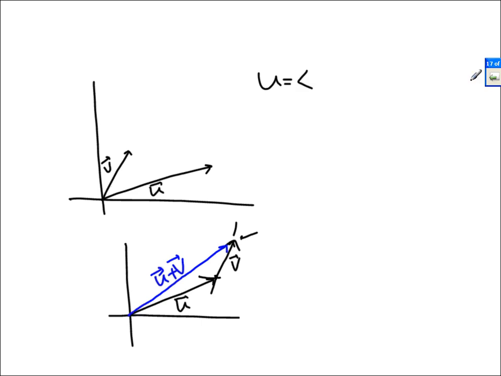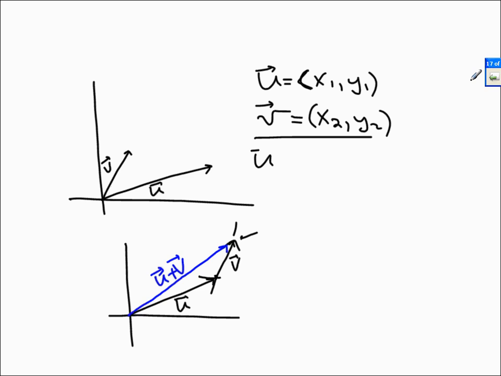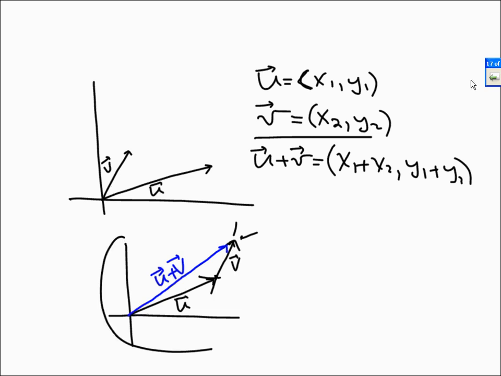If vector u is x1, y1, and vector v is x2, y2, well, then vector u plus vector v, first you add the x components, comma, and then you add the y components. Graphically, it's what I just said.